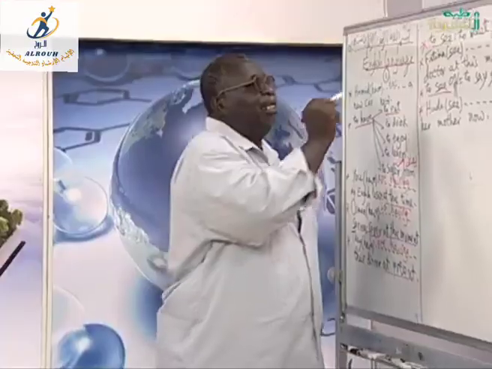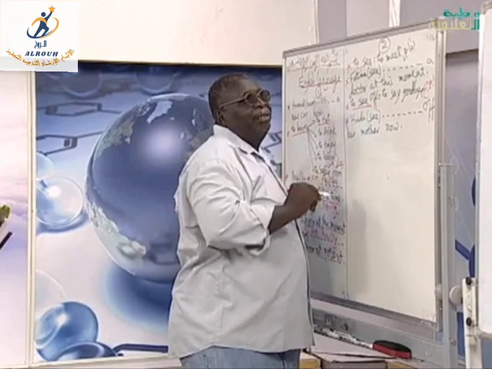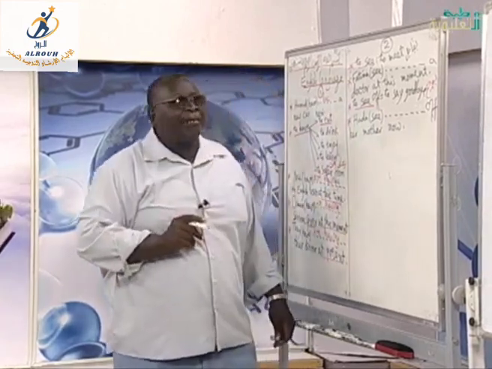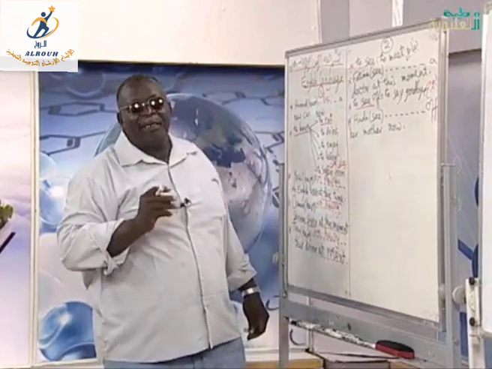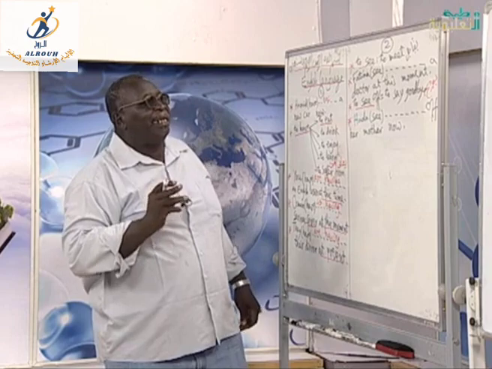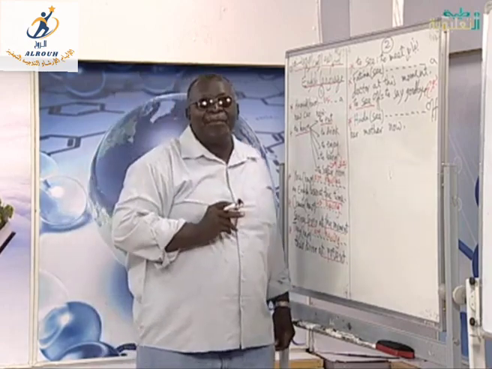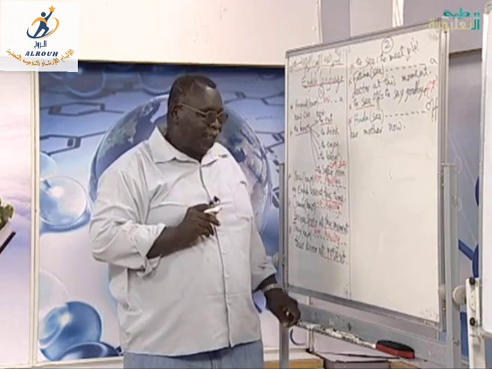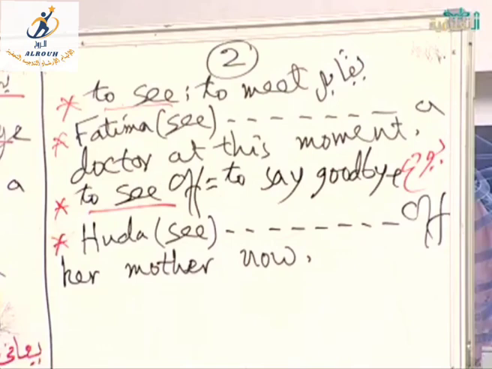Here we have the verb to see. See meaning يرى, meaning understand, يفهم, meaning remember, cannot be used in the present continuous. If somebody says to you, I have not understood this, you will tell him the answer. And then he will say to you, I see.